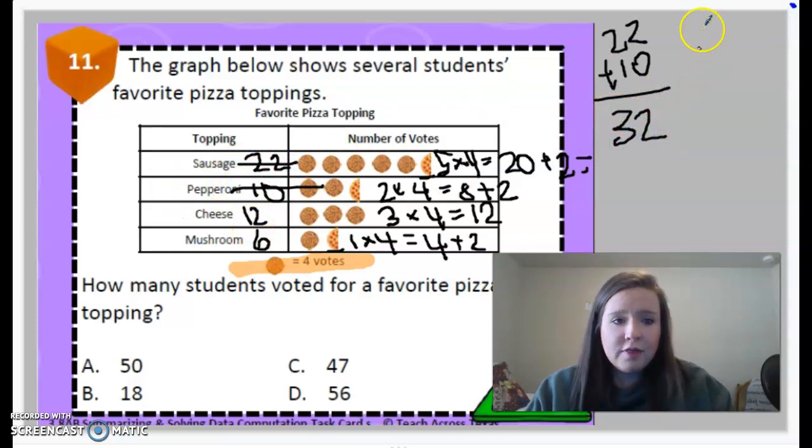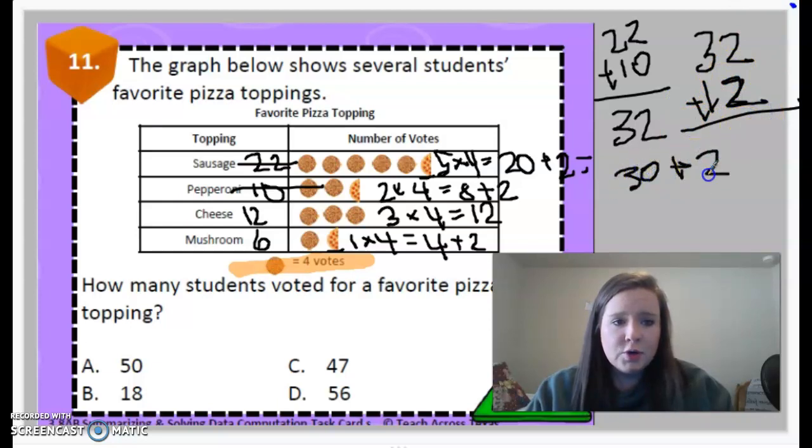Okay, 32 plus 12 is 30 plus 2, 10 plus 2, which equals 44.